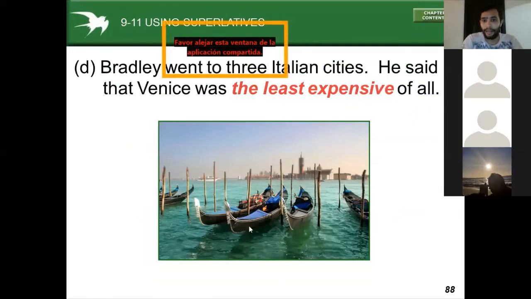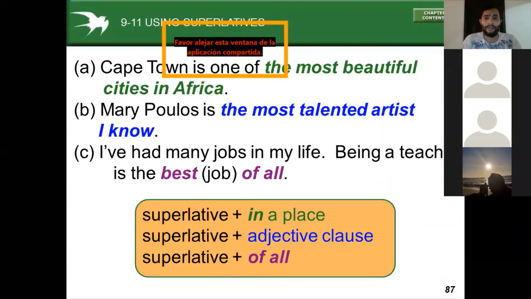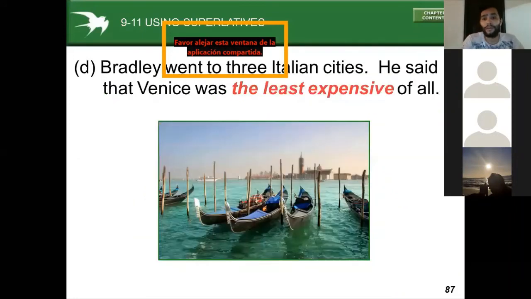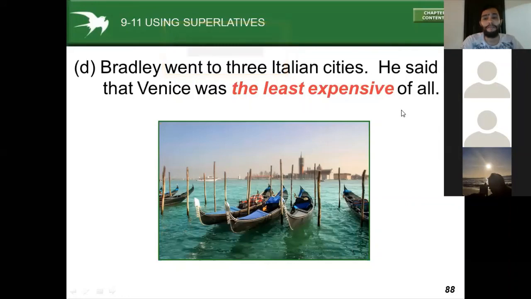So here we have the following, and it's actually the same. This is to speak about something that is more and more and more, in this case, the most. We can also speak about when something is very minimum, right? So Bradley went to 3 Italian cities. He said that Venice was the least expensive of all. Again, of all, right? What is this of all referring to here?